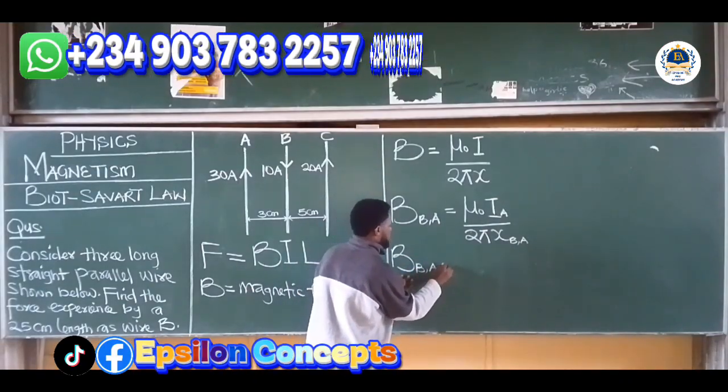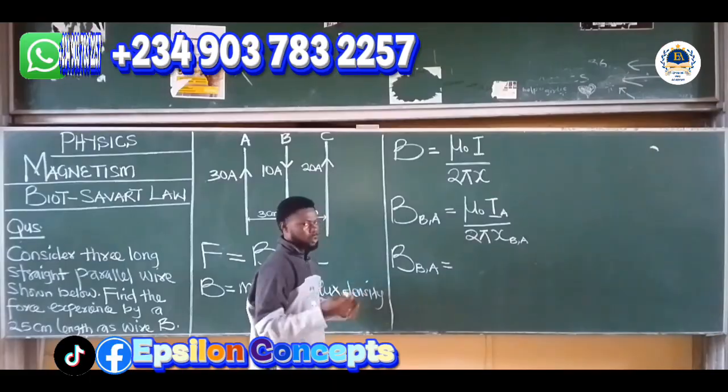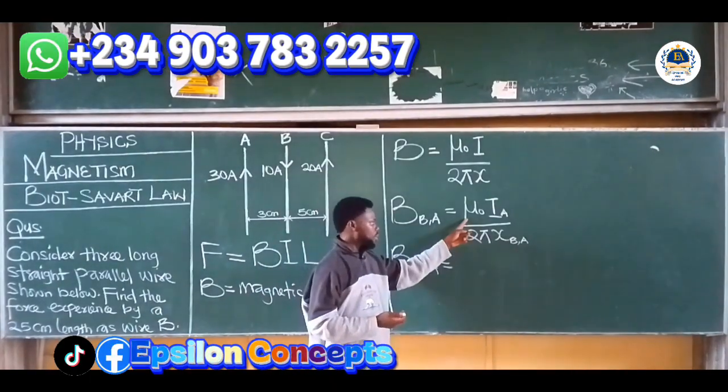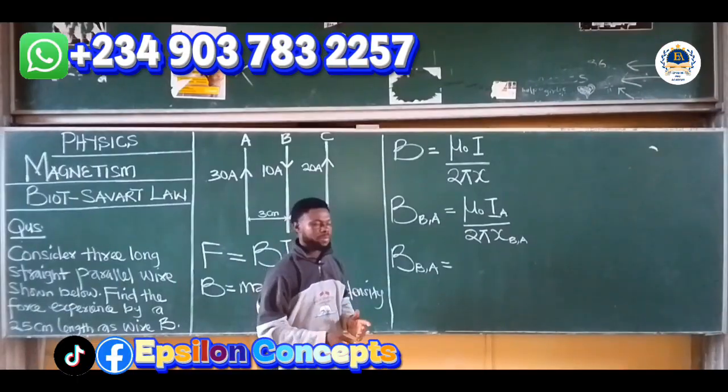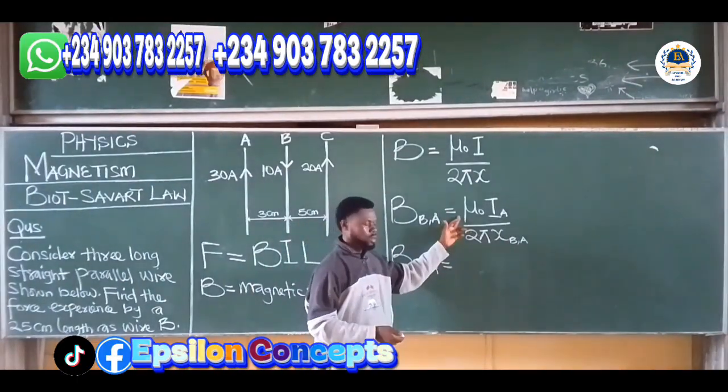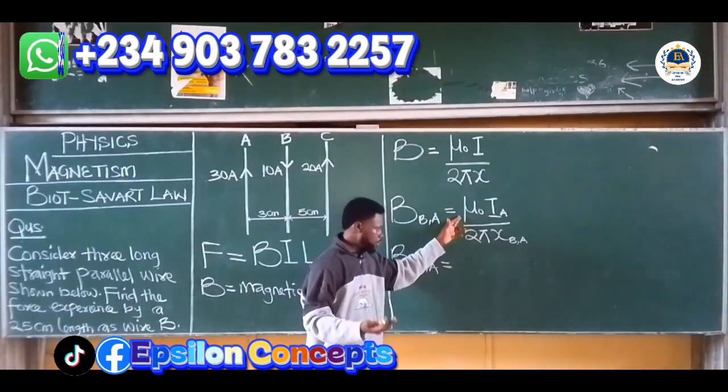Now magnetic field B_A is equal to, note that this is a constant, 4 pi times 10 to the power of negative 7 Henry per meter. Take note of the constant, which is the permeability of free space.